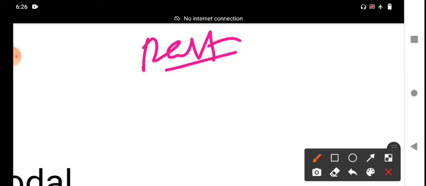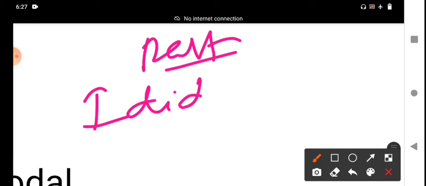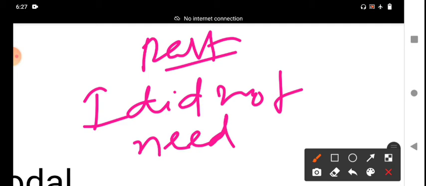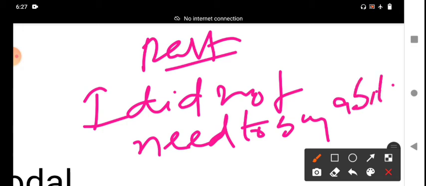For example, I did not need to buy a bike. It is an example sentence.